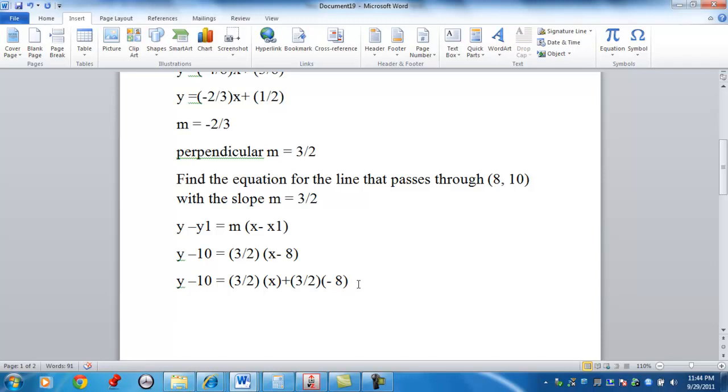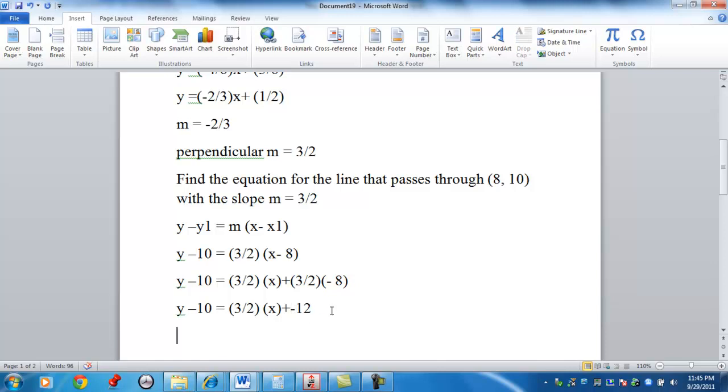As a result, you're going to get 3/2 times 8, which should come out to 24 over 2, or a value of negative 12, because 3 times 8 is 24, and 24 divided by 2 would give you 12.